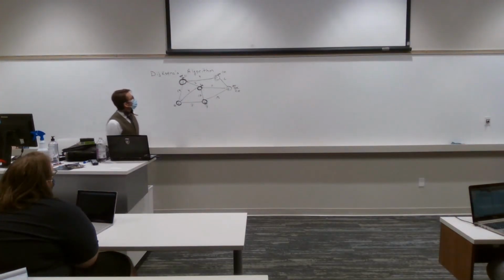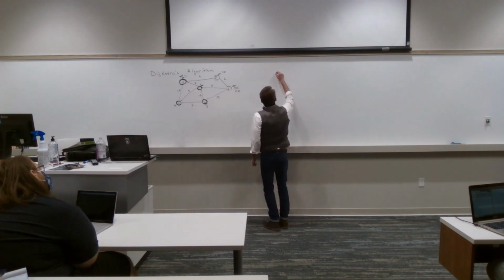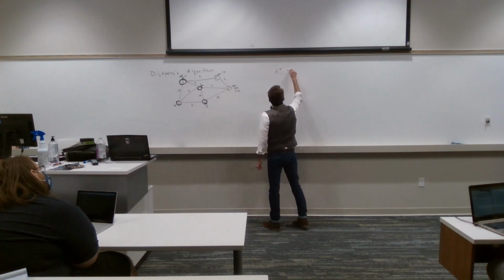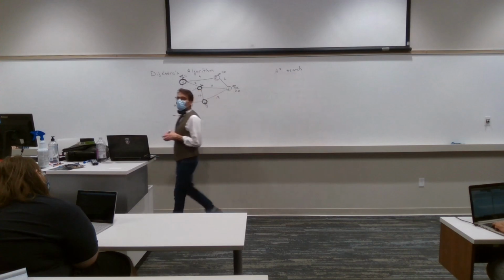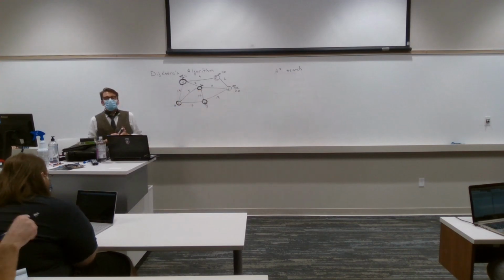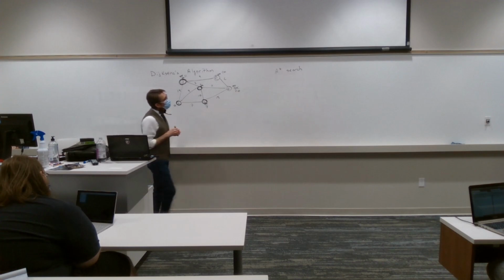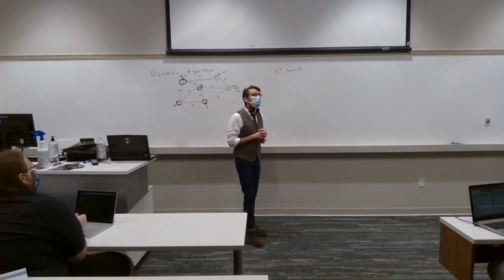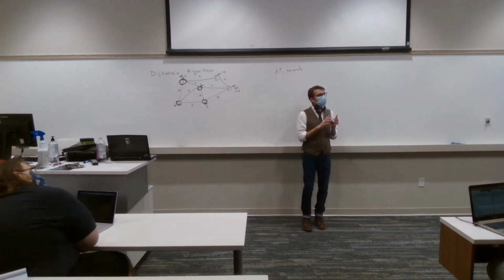What is different between Dijkstra's algorithm and A-star search? Well, okay, so A-star takes into consideration two pieces of information.